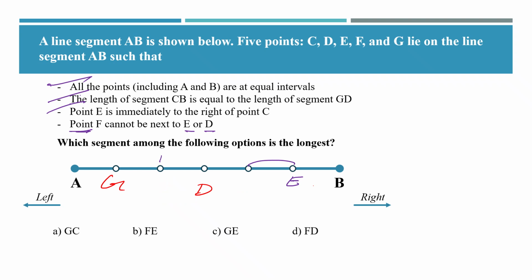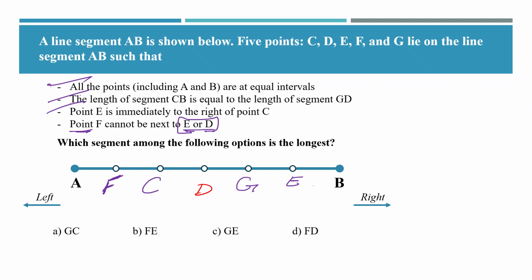Let's take the C, put it here. Let's take this G, put it here, and I fix F over here. So F is not next to D or E. Great.